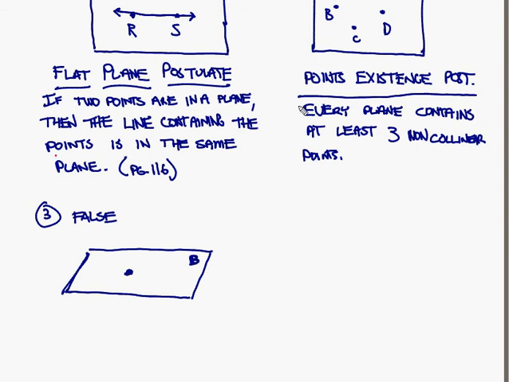Alright? And they say a line containing P and Q must lie in the same plane. Well, I can have Q here that's not in the plane, and that line could be running right through P and Q.